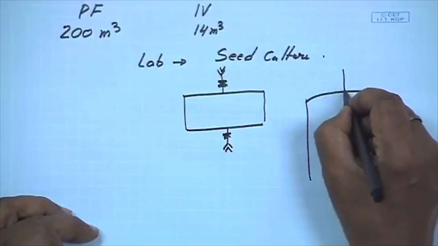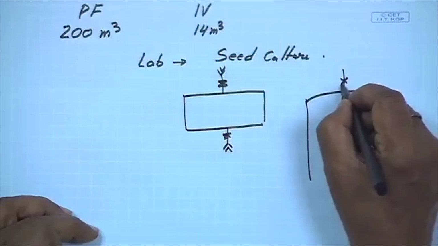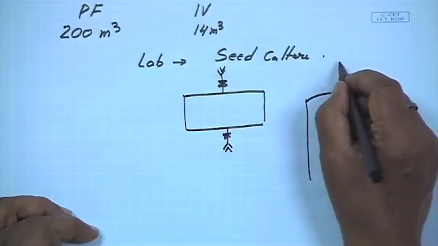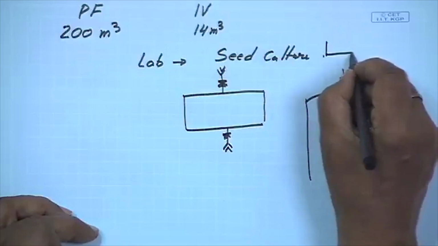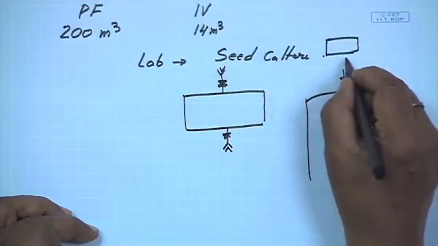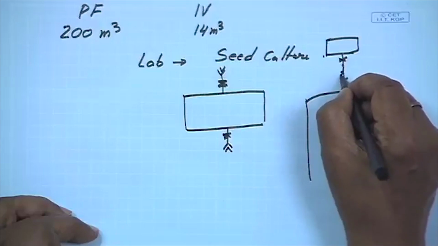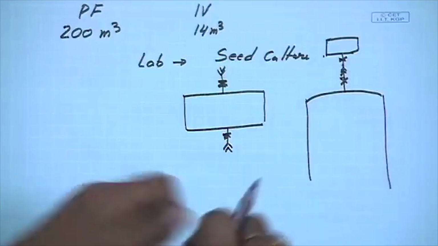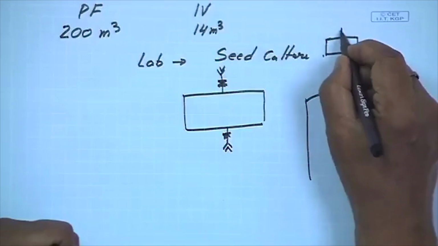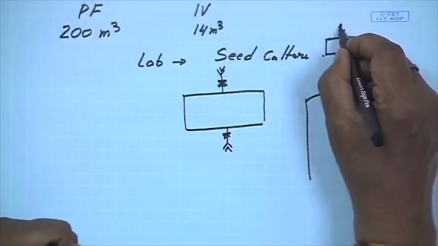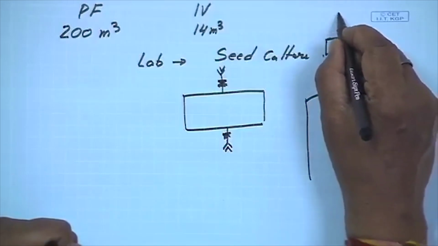If you want to transfer the seed culture here, here also we have a valve and a nut and bolt arrangement. Here also we can club together, and here also we have a valve, a nut and bolt, and another pipeline.